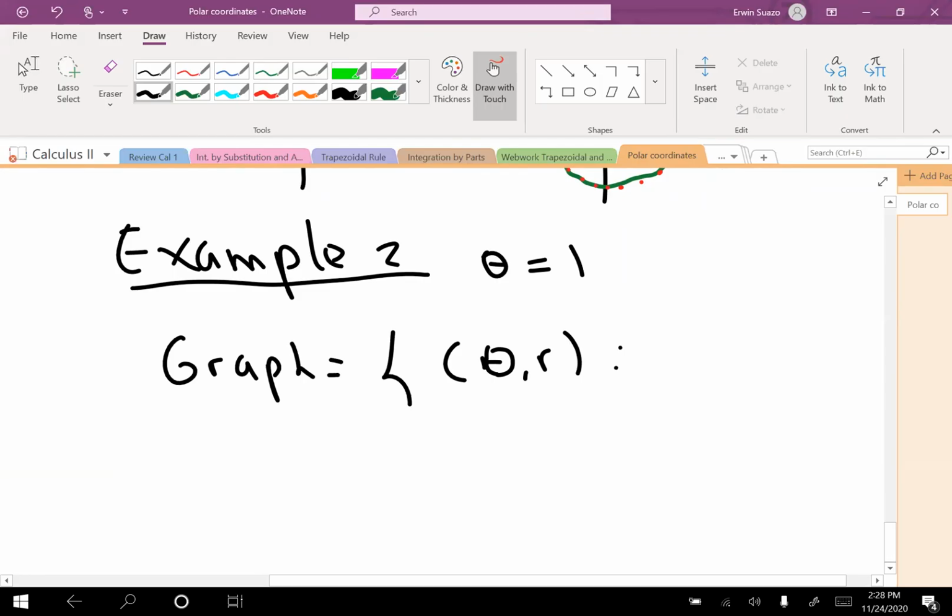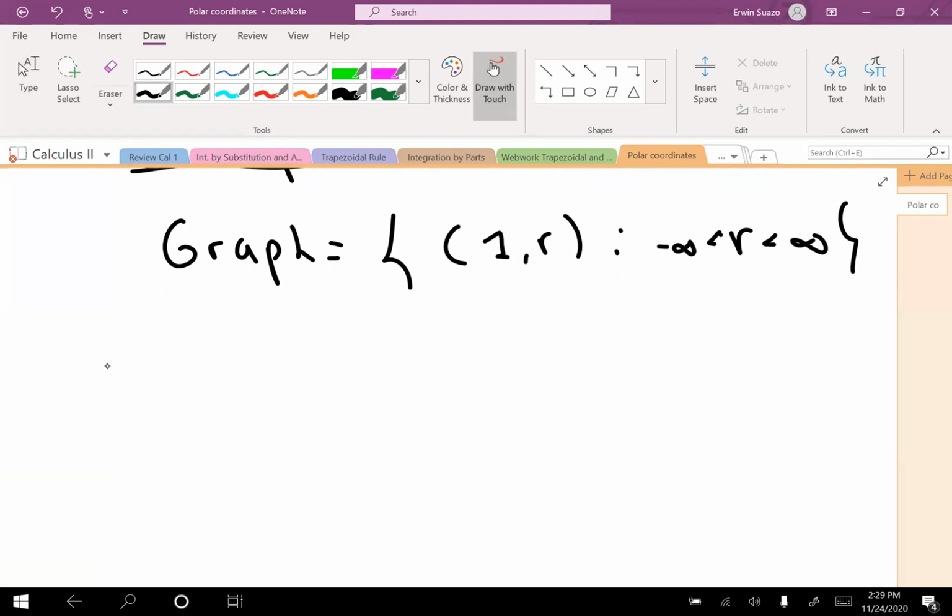But what is theta? Theta is already 1. So I know this is 1, and the radius is any number, basically from minus infinity to infinity, because there is no information about the radius, so the radius can be anything.